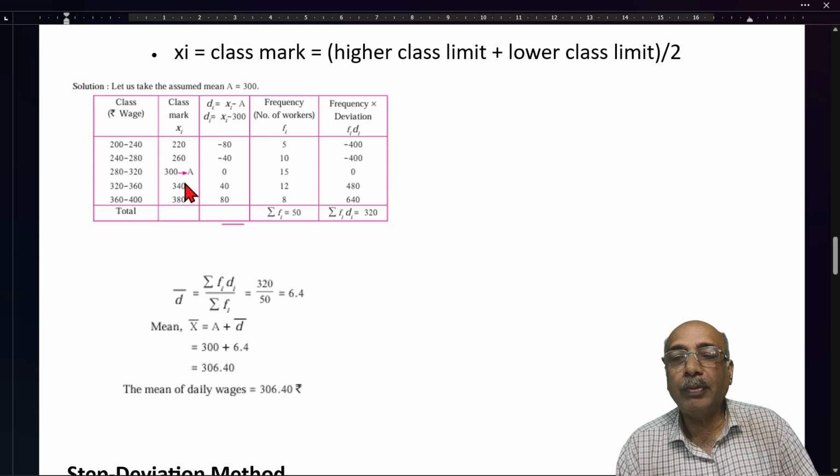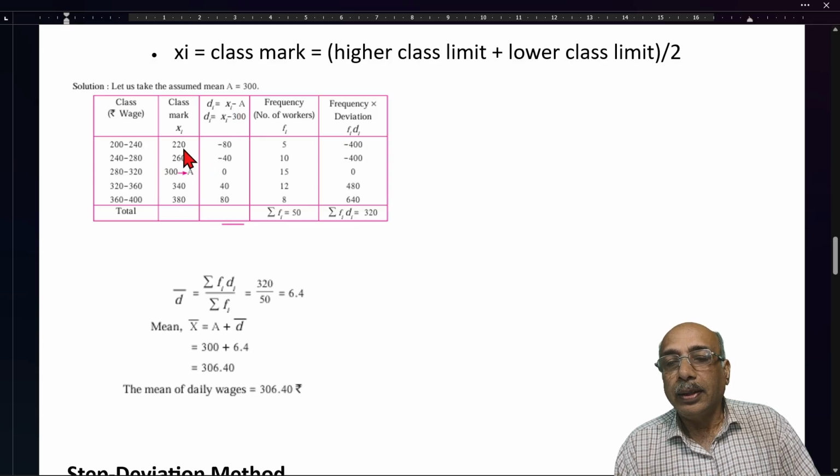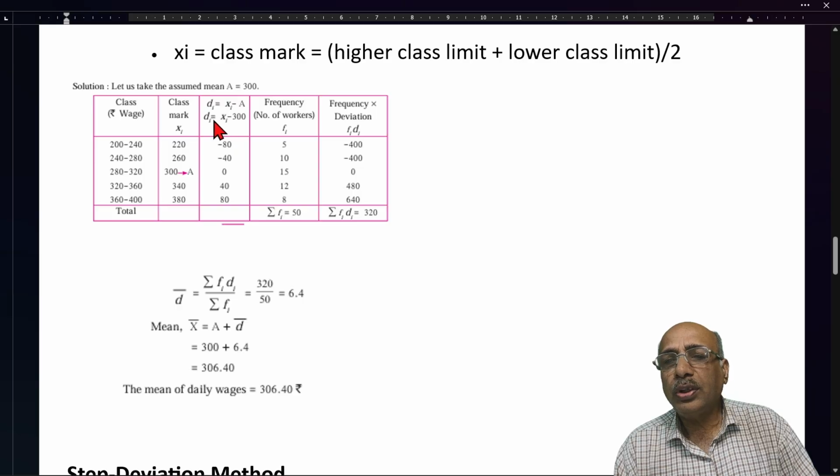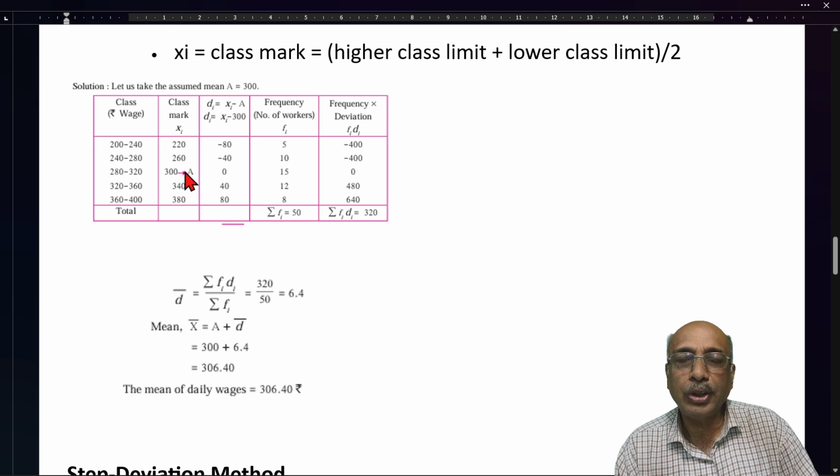For that, we have to suppose any one value of the class mark as a. Here, 300 is taken as a. Generally, we take the middle term and it gives a more accurate result. Here you see, di equals xi minus 300, as we have taken the assumed mean as 300.